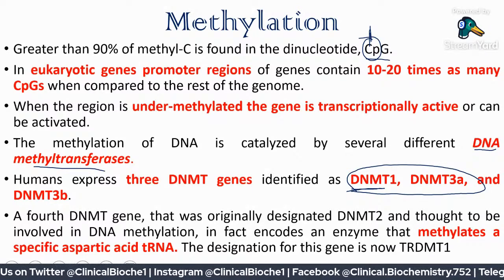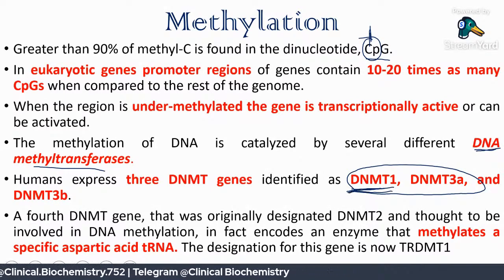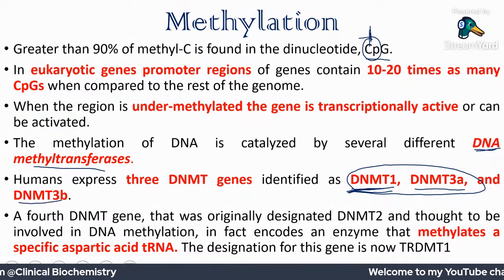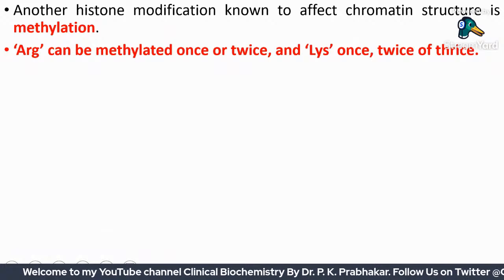It adds a methyl group, but it is not called methylase only, it is called DNA methyltransferase or DNA methylase. So its nomenclature will be DNMT1, DNMT3A, or DNMT3B. So this is how your genes are going to be expressed, transcriptionally active or transcriptionally inactivated.